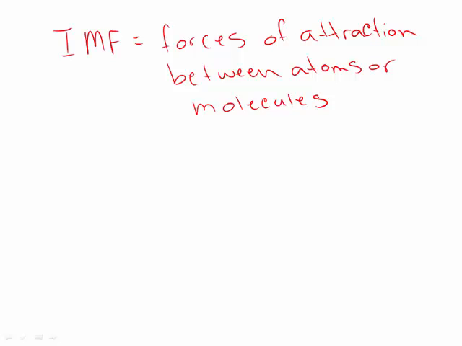Bonds that we've been talking about, ionic, covalent, and metallic, are going to be inside. Those are bonding between atoms that are inside of a molecule. IMFs are forces of attraction, so these are on the outside, between atoms or molecules.